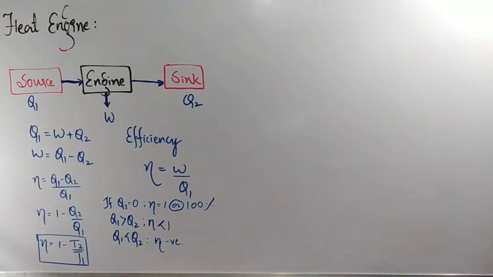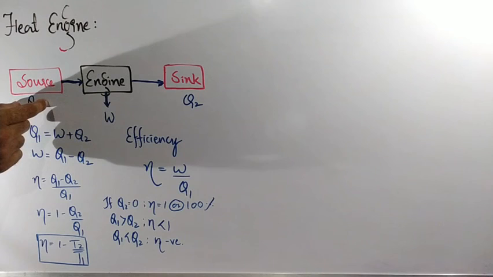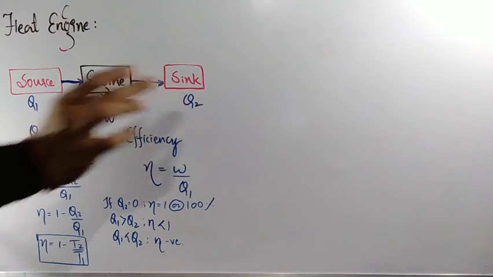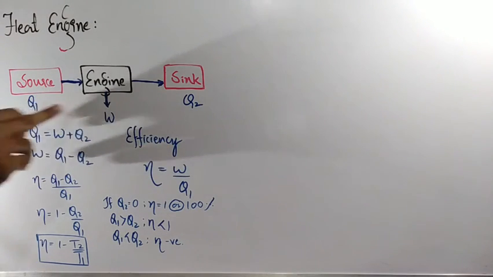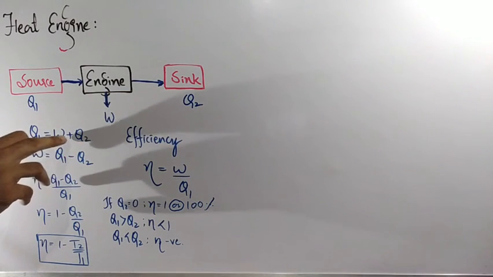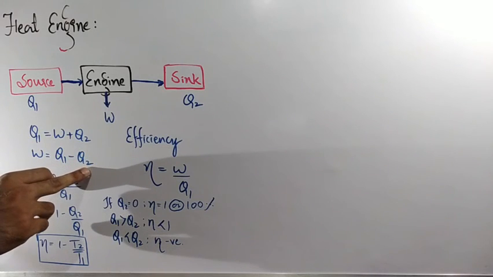So this is the case for a heat engine. Some amount of heat is absorbed from the source, some of that heat energy is utilized in doing work, and the excess heat energy is sent to the sink. So Q1 is equal to W plus Q2. If you want to separate W, you get W equal to Q1 minus Q2.